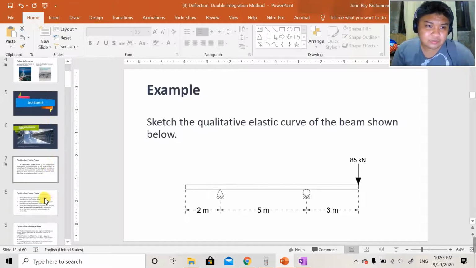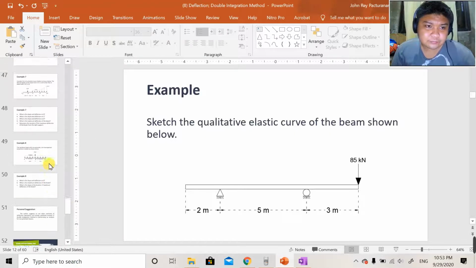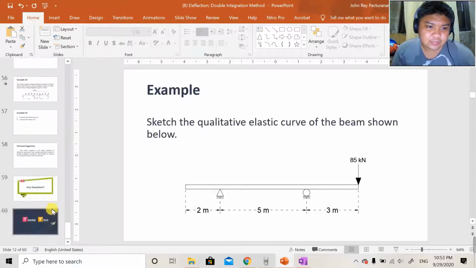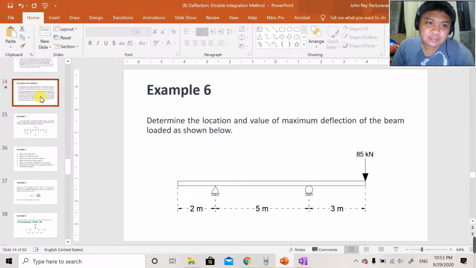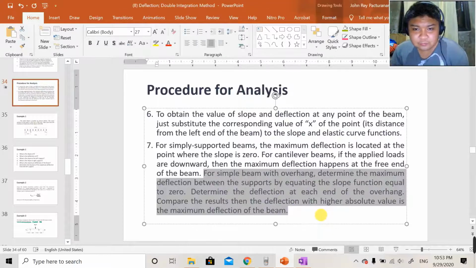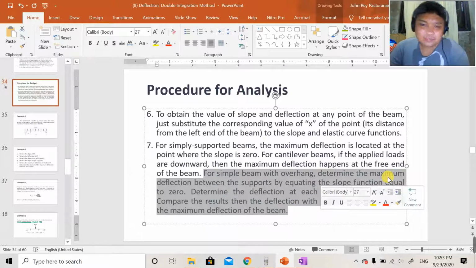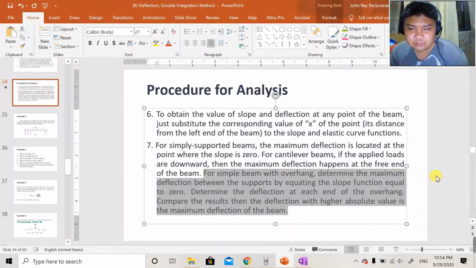Remember from rule number 7 of our procedure for analysis, gusto ko tong i-emphasize: for simple beam with overhang, determine the maximum deflection between the supports by equating the slope function equal to 0.